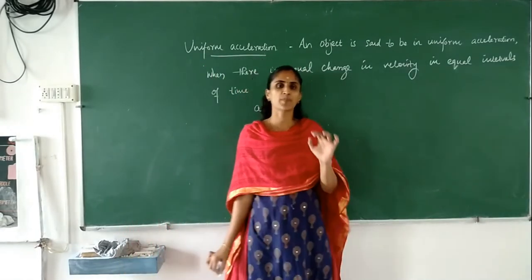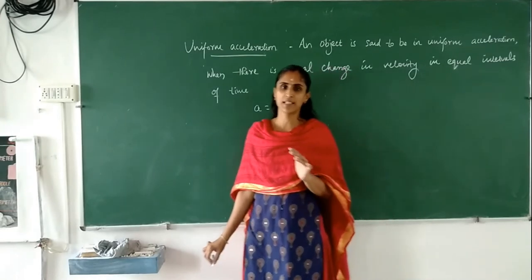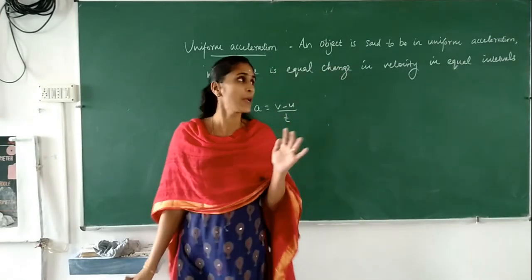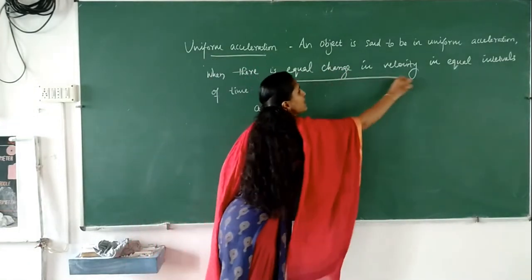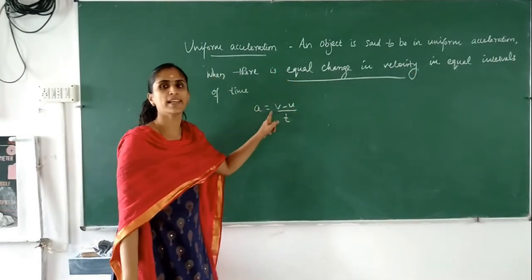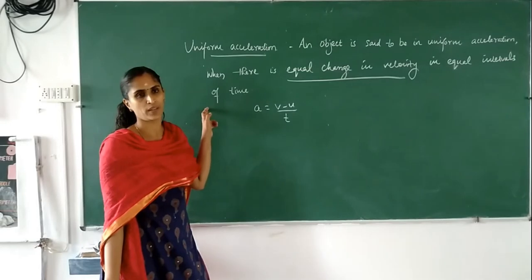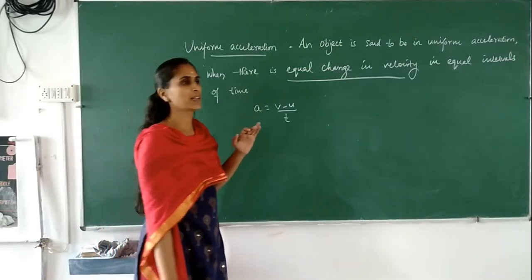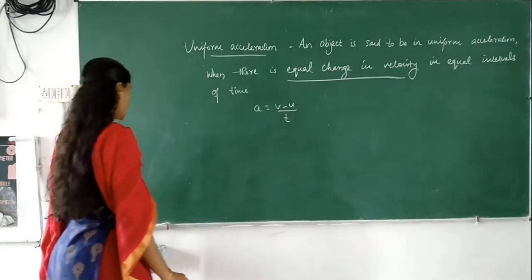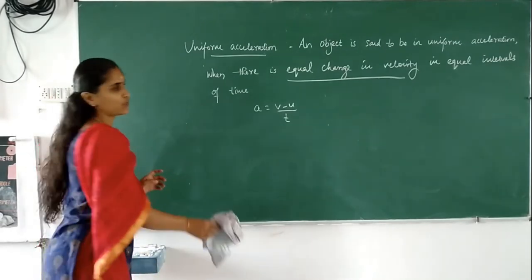Okay. So an object is said to be in uniform acceleration when there is equal change in velocity in equal intervals of time. Is it clear?